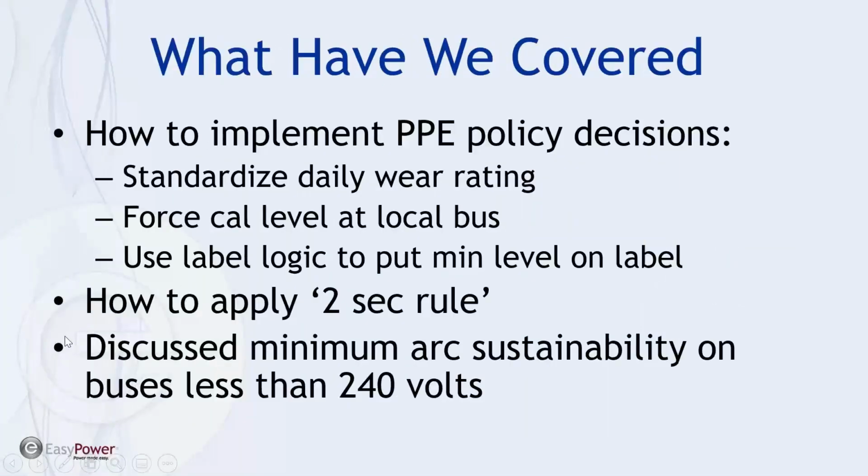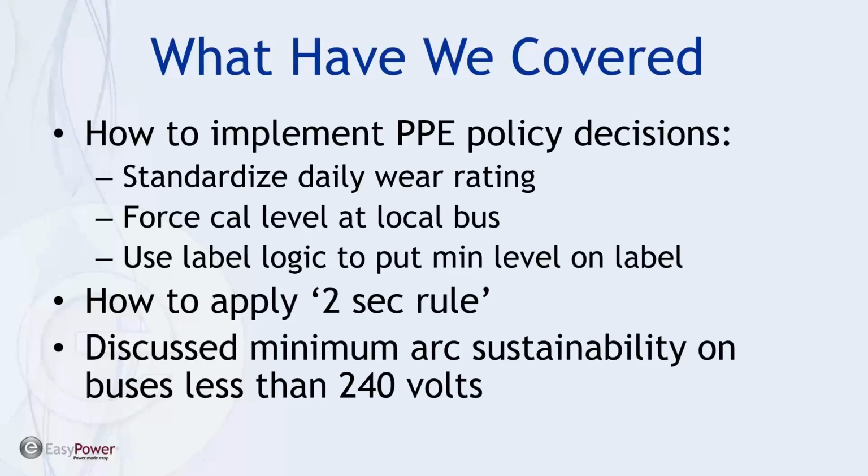So what we've basically talked about is how to implement a PPE policy decision with standardized daily wear or a forced calorie level at a local bus, or using the logic in the label printer to put a minimum label on the piece of equipment. We discussed how to apply the 2-second rule. Again, it can be applied universally or globally, or it can be applied individually to buses based upon how I as the engineer in charge feel about the overall system.